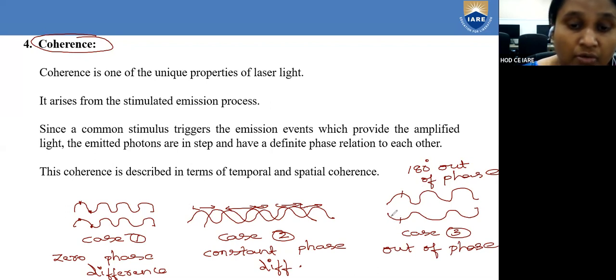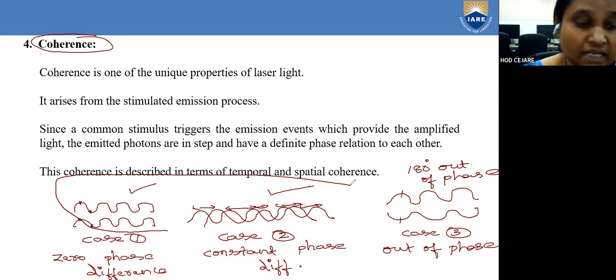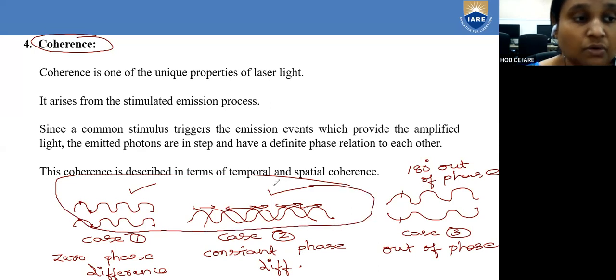Now, what do you mean by coherent? If you have two light waves like this, and they maintain either zero phase difference or constant phase difference between them, then we say that these two light waves are coherent.